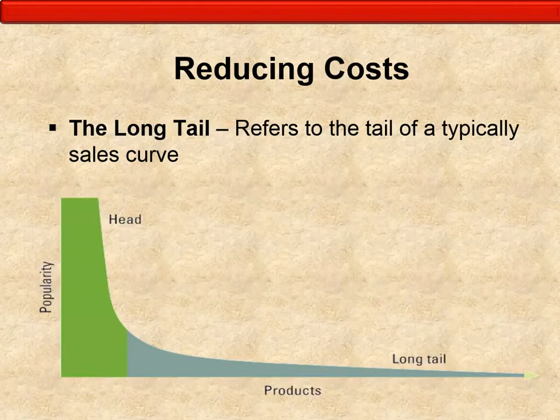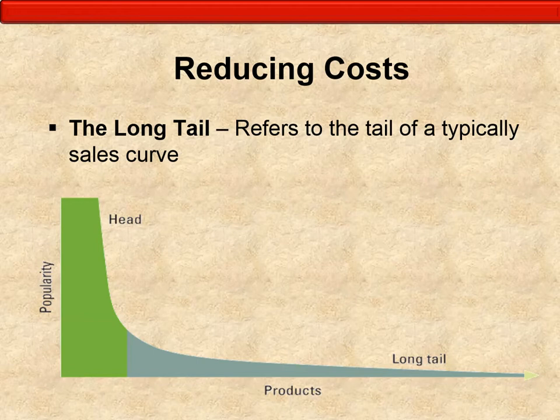Now, in reducing cost, they look at the long tail, which refers to the tail of a typical sales curve. Here, at the head of the sales curve, you may find things such as the top 40 music productions, the top 40 movies, brand name apparel, top-selling books, things like that, the top echelon.